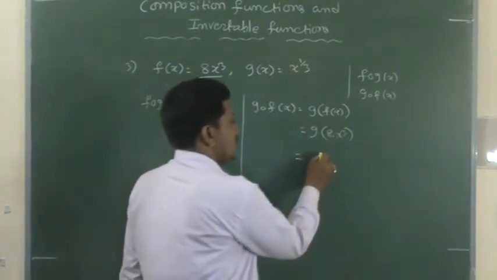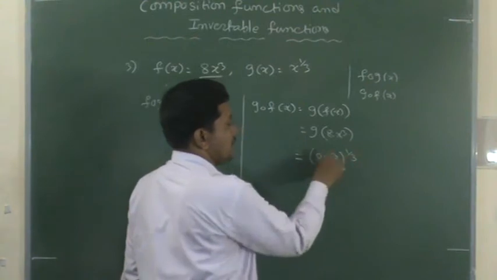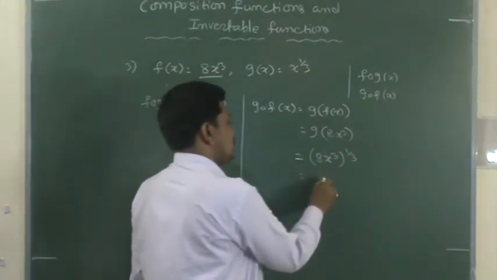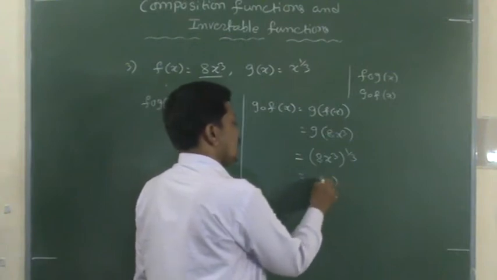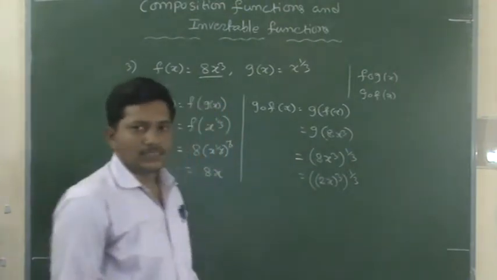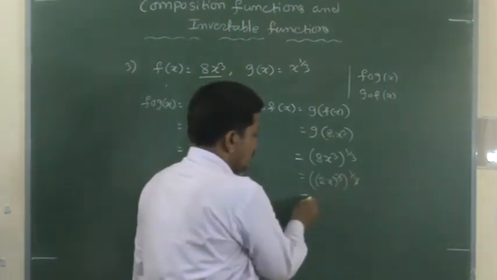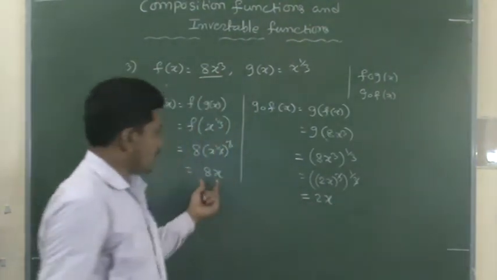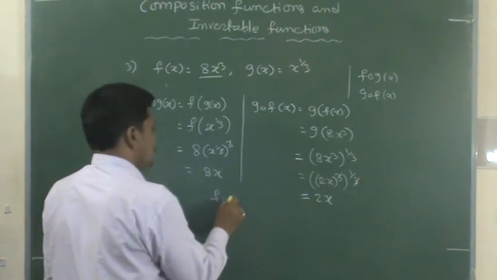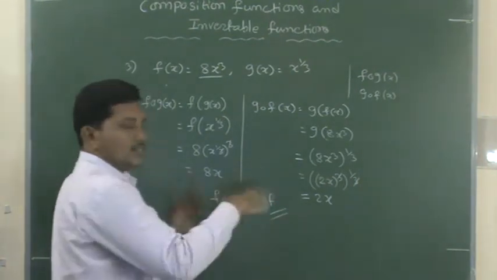So that means 8x cube whole power 1 by 3. 8 can be written as 2 power 3, so the 3 cancels, you get 2x. Here you get 8x, here you get 2x. Clearly we say that f circle g is not equal to g circle f. So this is one type of problem.